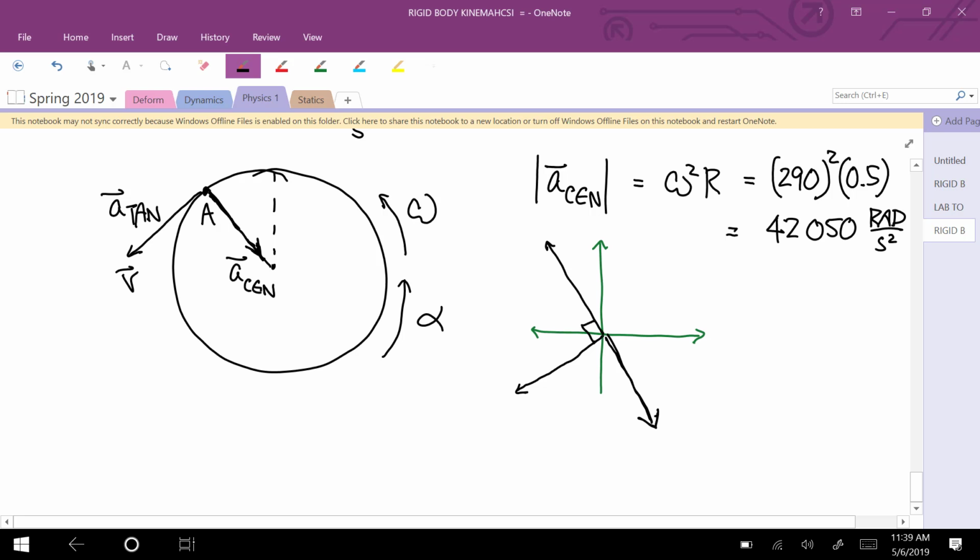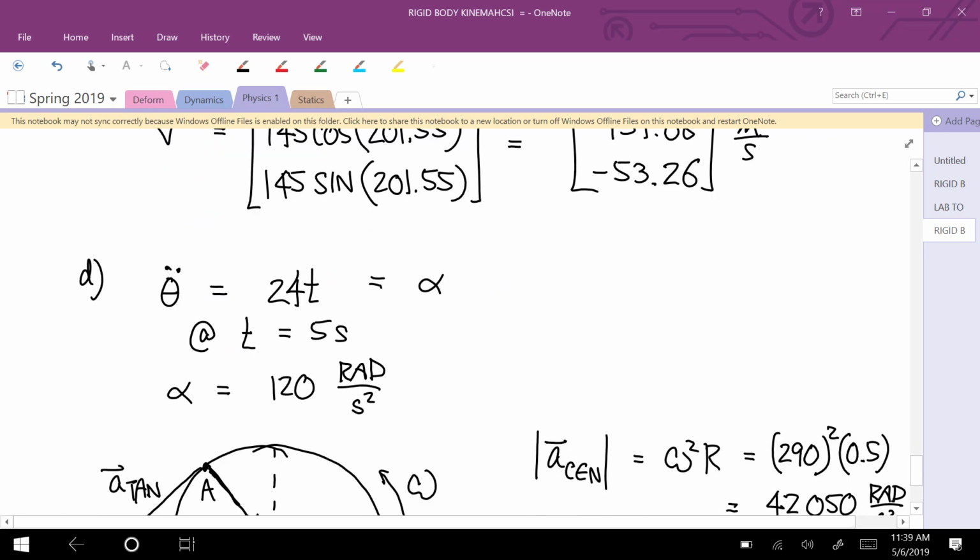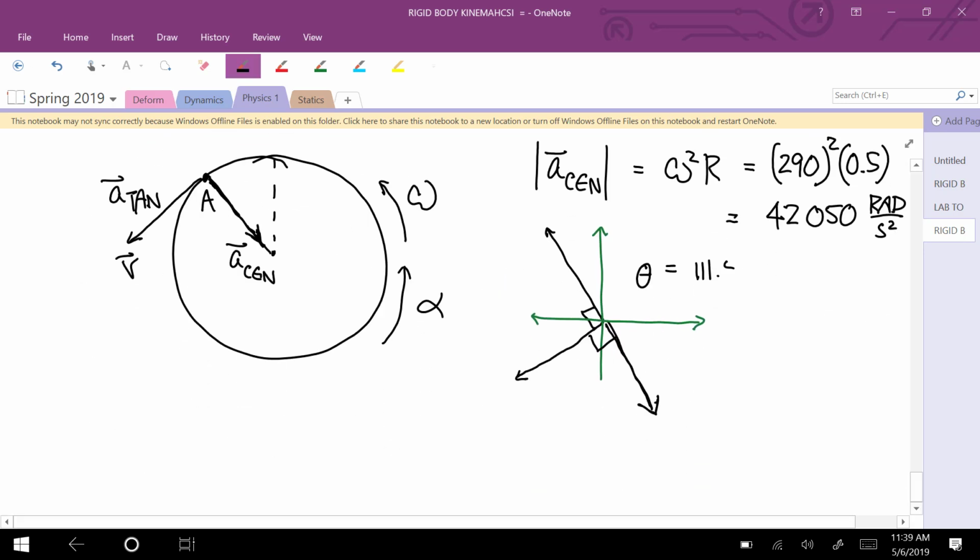These are all 90 degrees apart, and so the theta here for cosine and sine is 111.55 plus another counterclockwise angle of 90 plus another counterclockwise angle of 90, and you get 291.55.